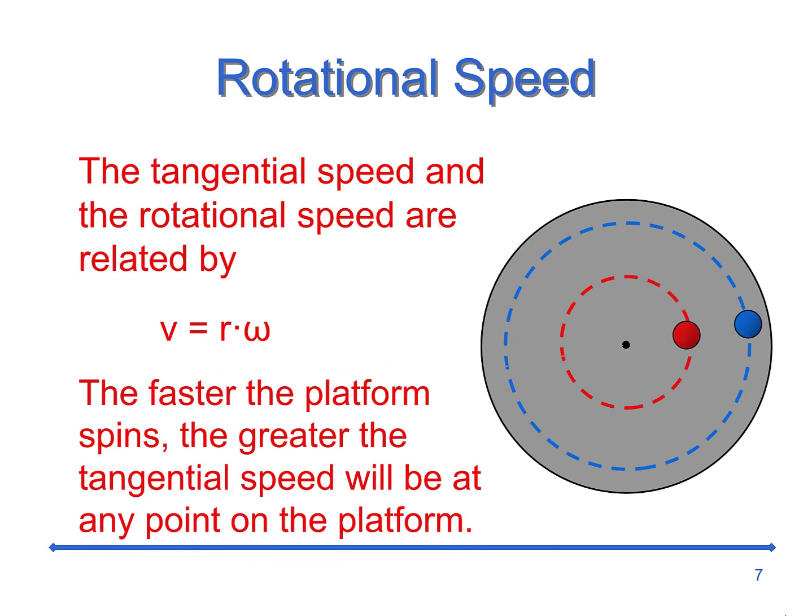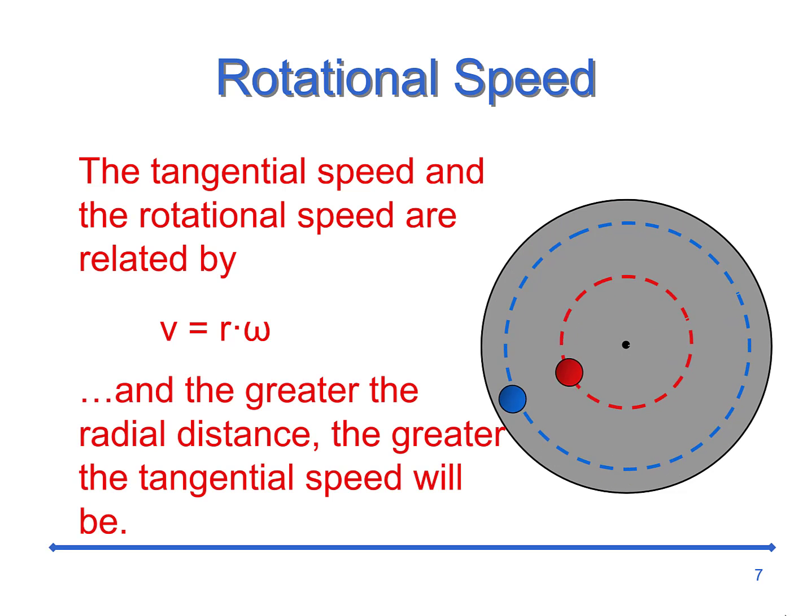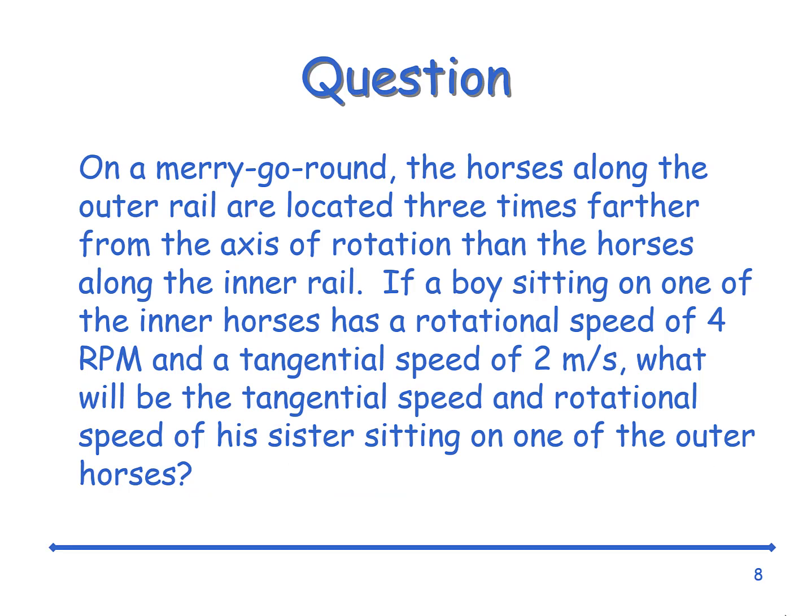So obviously in this case, the faster the platform spins, the greater the tangential speed will be, which makes sense. Again, if we go faster, it's going to fly off faster. But we also can increase the tangential speed by increasing the distance from the center. As the radial distance increases, that tangential speed is also going to increase.